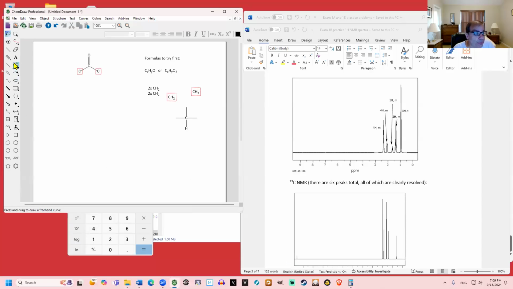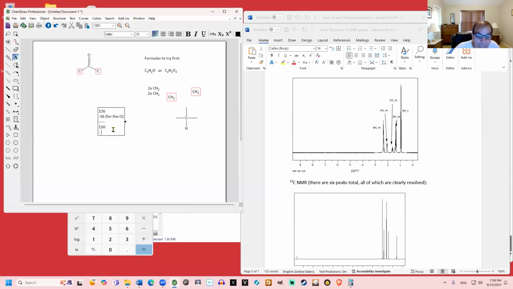So what I would do first is subtract. Remember we talked about subtracting. Subtract the oxygen and the hydrogens from the total, which is 126. So 126 minus 16 is 110.